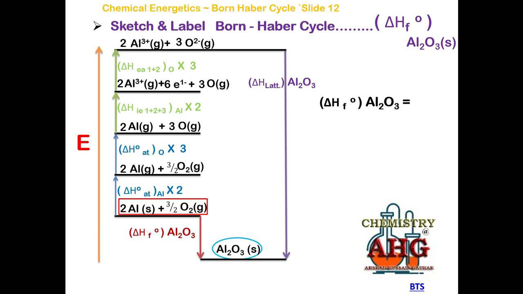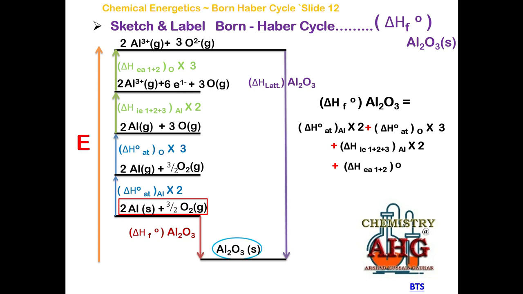Standard enthalpy change of formation is the resultant vector, and mathematically it is equal to atomization of aluminum multiplied by 2 plus atomization of oxygen multiplied by 3 plus first plus second plus third ionization energy of aluminum multiplied by 2 plus first plus second electron affinity of oxygen multiplied by 3 plus lattice enthalpy.